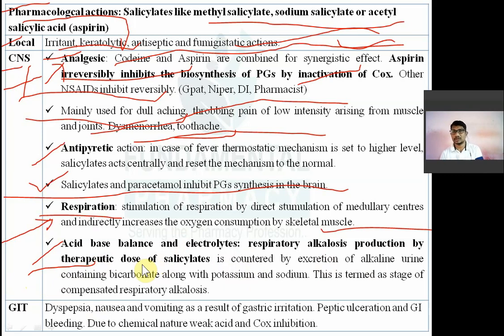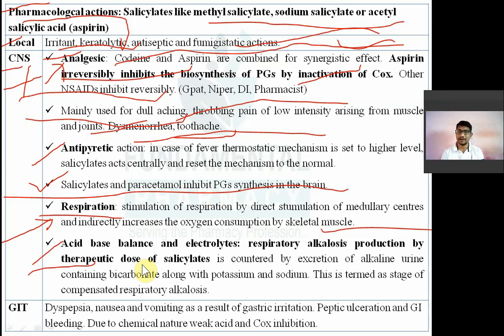Acetylsalicylic acid, aspirin, and their derivatives are weak acids, so to remove salicylates from your body you have to make the urine alkaline. You have to use a urine alkalizer to enhance excretion of salicylic acid. In case of overdose of salicylic acid, you can use sodium bicarbonate to alkalize the urine.